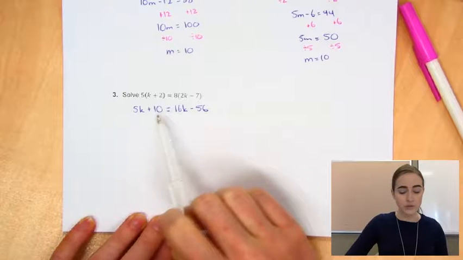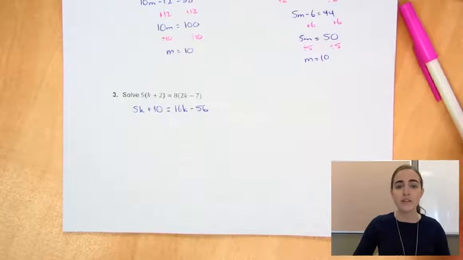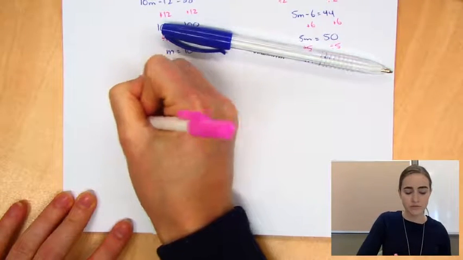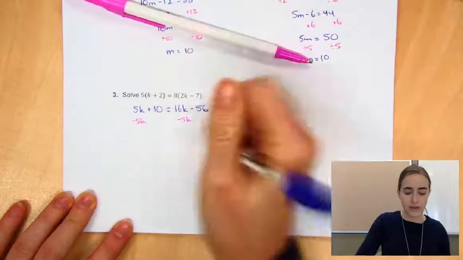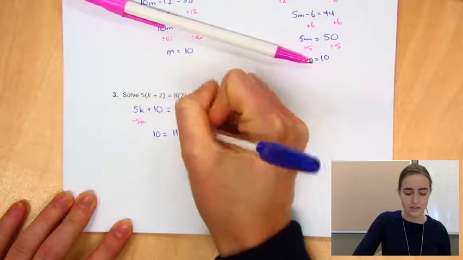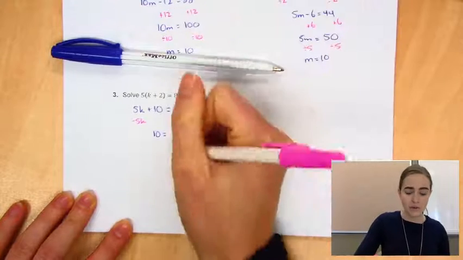Going through and looking at that then, we've got pronumerals on both sides of that equation. So let's get rid of the smaller one. Let's get rid of that 5k. So we'll subtract 5k from both sides. We'll end up with 10 equals 11k minus 56. Then we can add 56 to both sides.